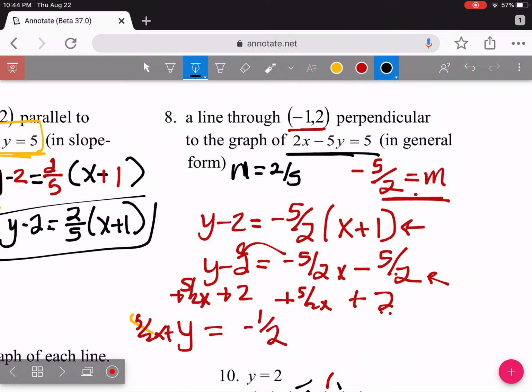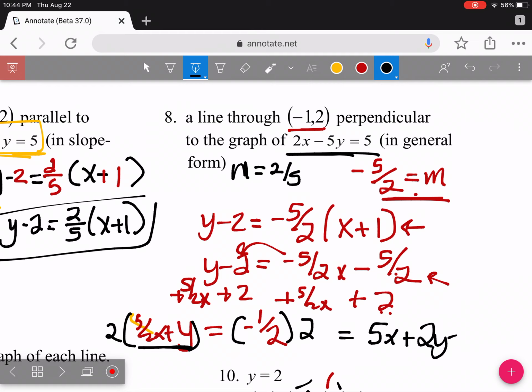Well, here's the thing. In general form, we can't have fractions here. They have to all be integers. So we got to multiply everything here by 2 to get rid of the fraction, and we end up with 5x plus 2y equals negative 1, and that's the equation.